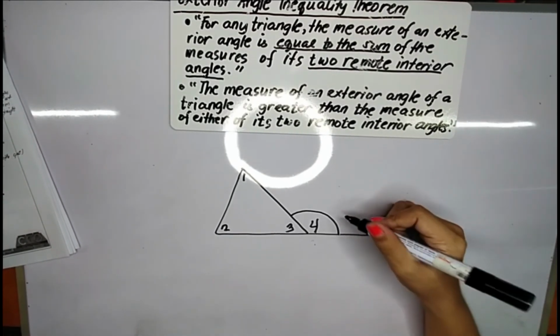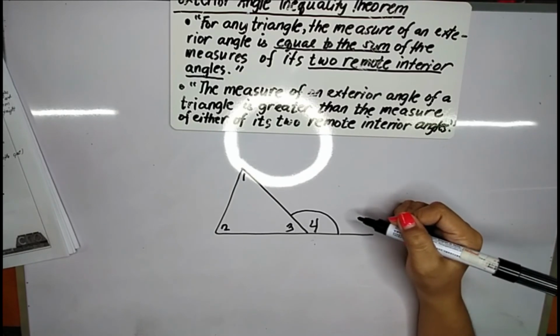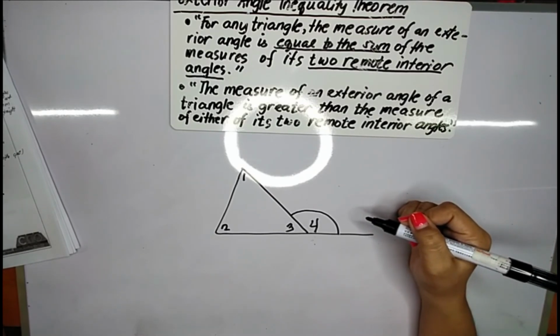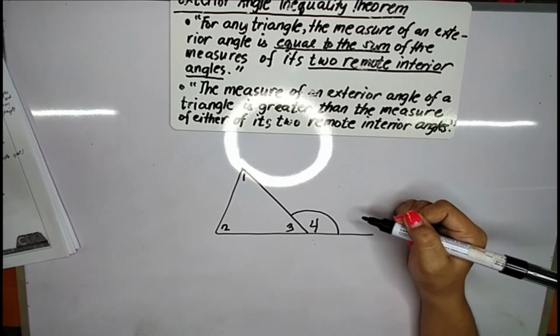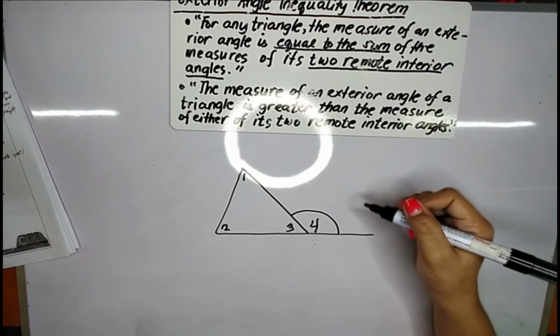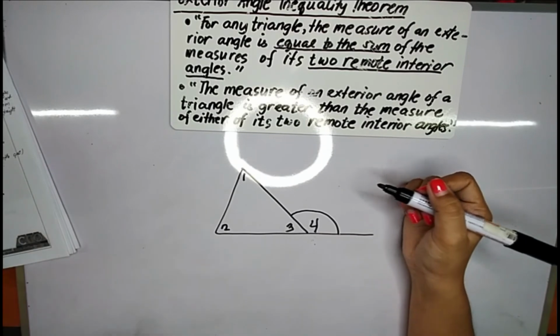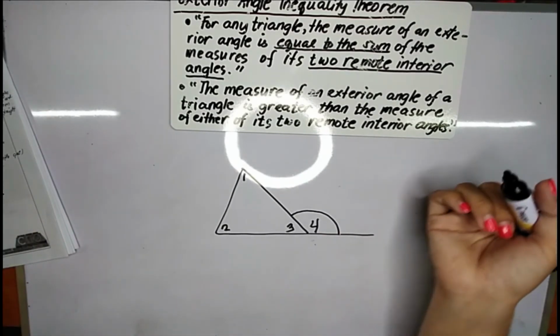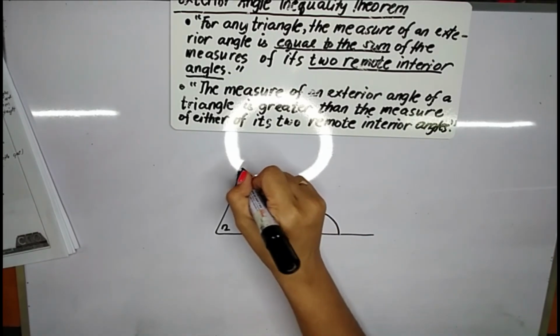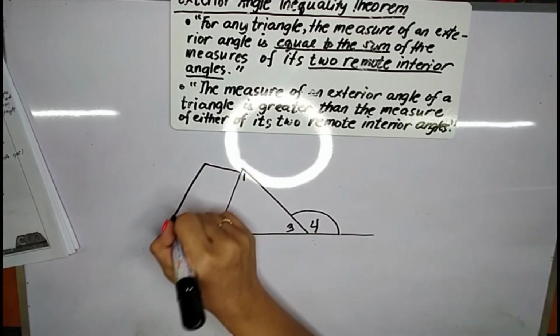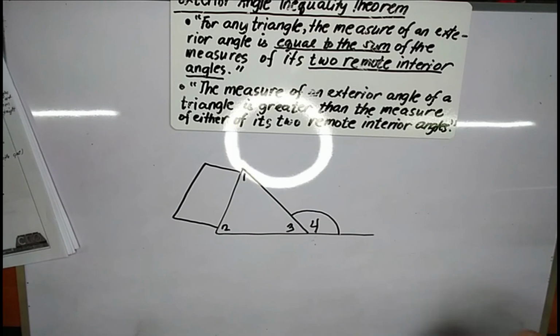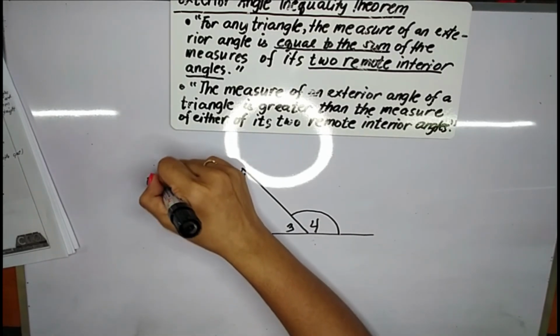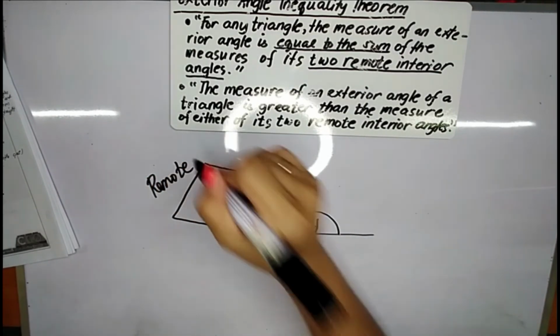So, ang iyaha daw measurement ani is equal kung i-plus nato or pareho siya sa sum sa measurement sa iyahang two remote interior angle. Hagalit itong remote interior angles ani, di ba? We agree that these are angle 1 and angle 2. Mo daw ni ang atong remote interior angles.